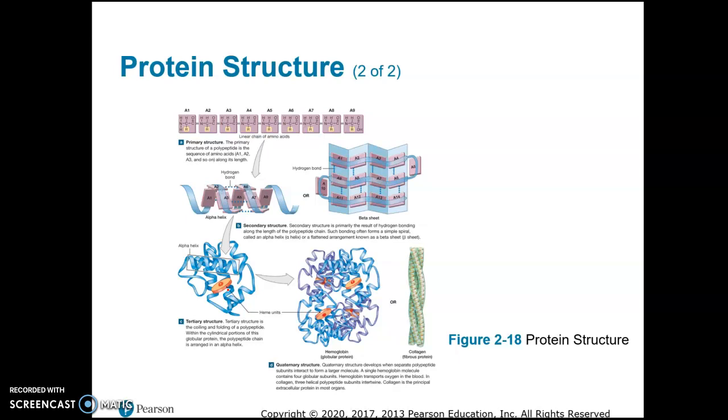And then let's say that you did that with 4 different phone cords and then you hooked them all together. That would be analogous to the quaternary structure. It's when you take several 3-dimensional structures, several tertiary structures, and link them together. So hemoglobin is an example of a protein that has a quaternary shape.